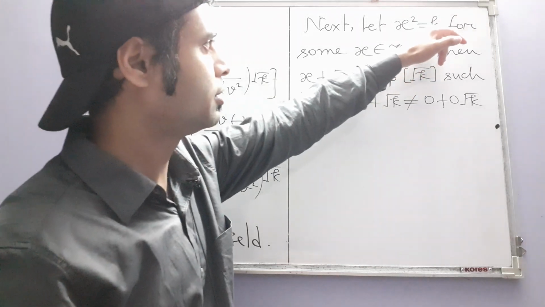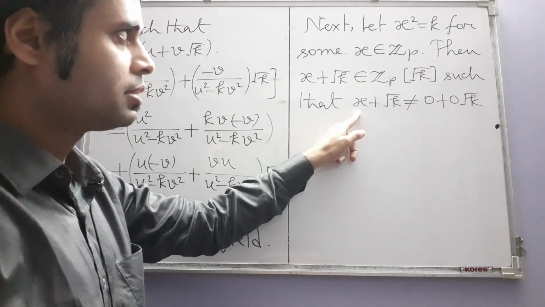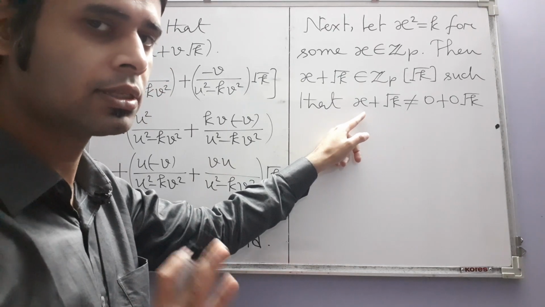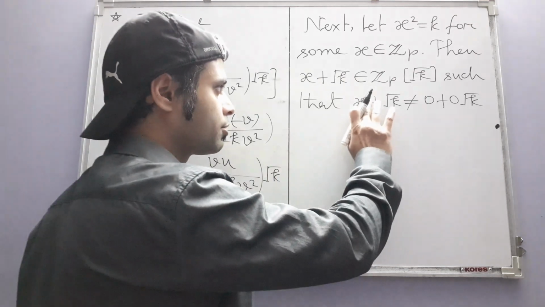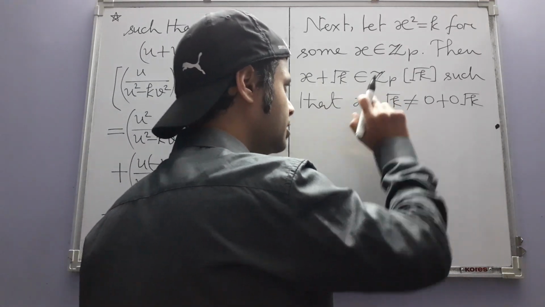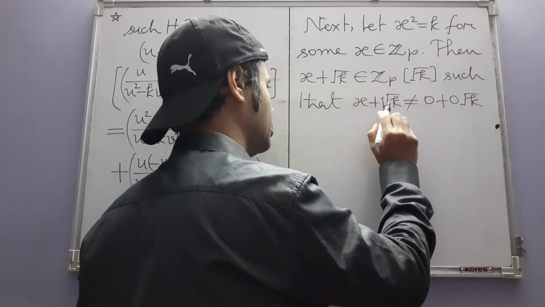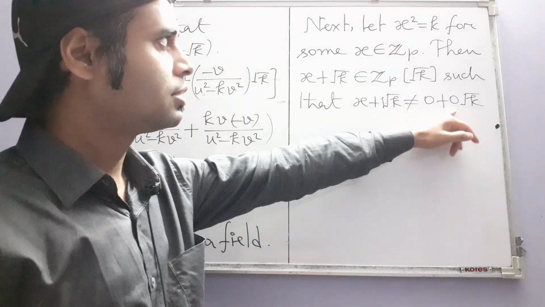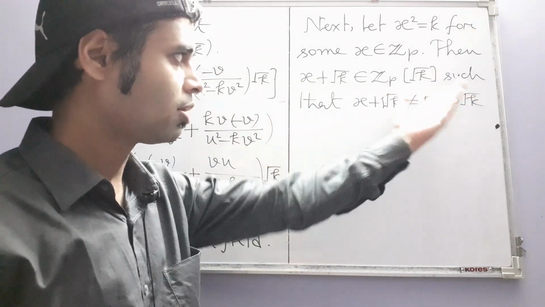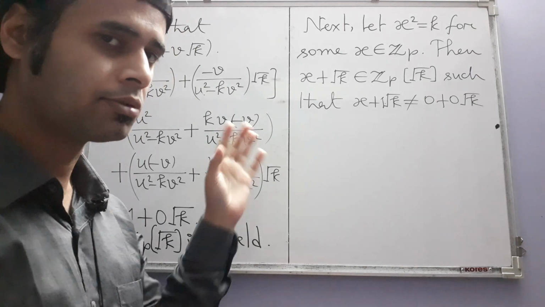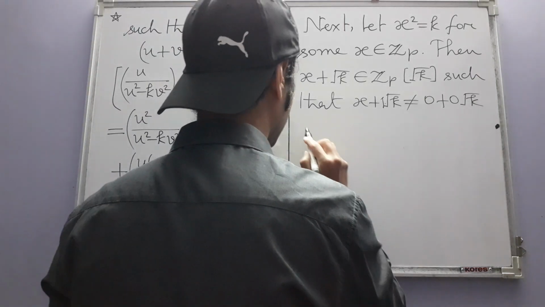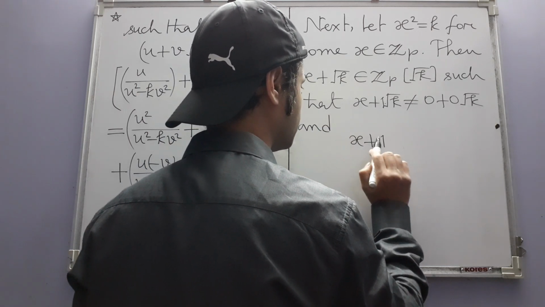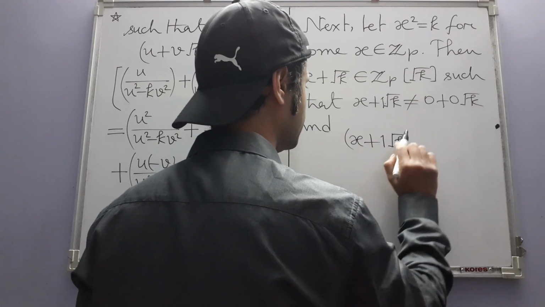That will entirely depend on k and p. X may itself be 0 if k is 0, for example. Well, k cannot be 0. Actually, it's given that k is a positive integer. Still, we need not bother about x. This component, which is 1, oh, actually I should have written 1. This 1 is not equal to 0 in ZP, so that is why this symbol is different from the 0 element in our ring. And what do we get if we square it?